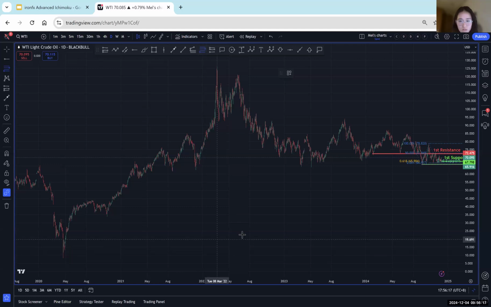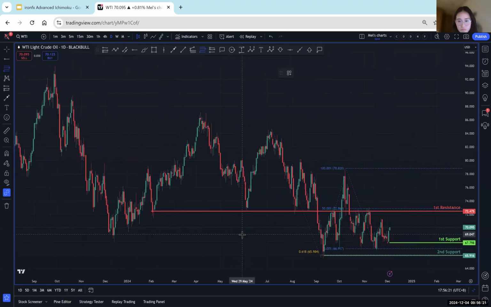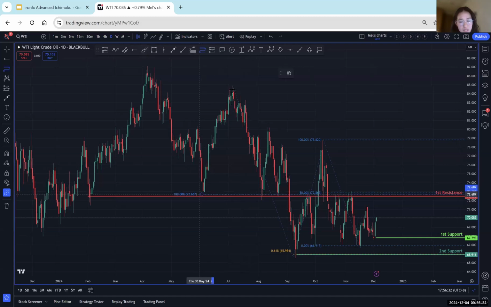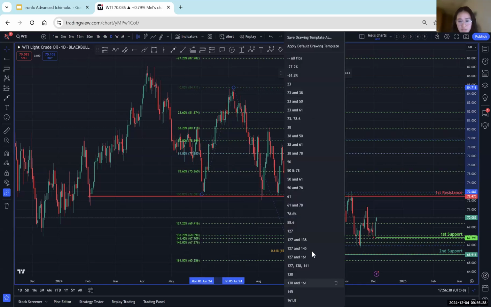Let's see. I think we have an intermediate Fibonacci extension here as well. Yeah, my 161 lines up with my second support.